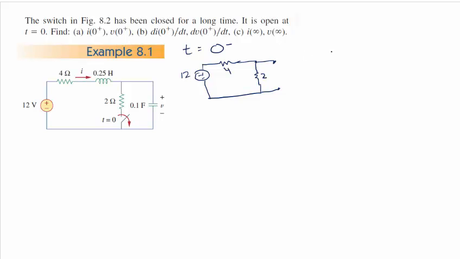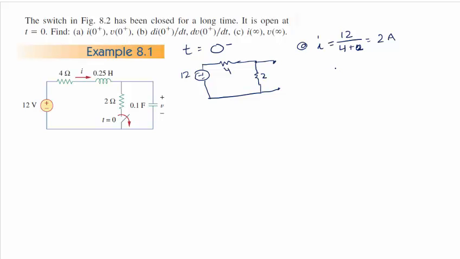Now remember, the switch is suddenly going to open. So what can I find? The current in this circuit. At time 0 minus, I will equal what? Just Ohm's law. It's going to be 12 volts divided by 4 ohms plus 2 ohms. 12 divided by 6 is 2 amps. And then the switch changes.